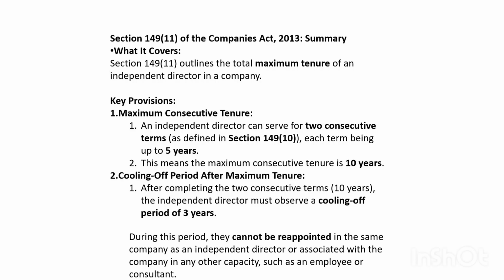After 10 years, there is a cooling off period. After completing 2 consecutive terms, the independent director must observe a cooling off period of 3 years. During this period, they cannot be reappointed in the same company as an independent director, or with an associated company in any other capacity such as an employee or consultant.